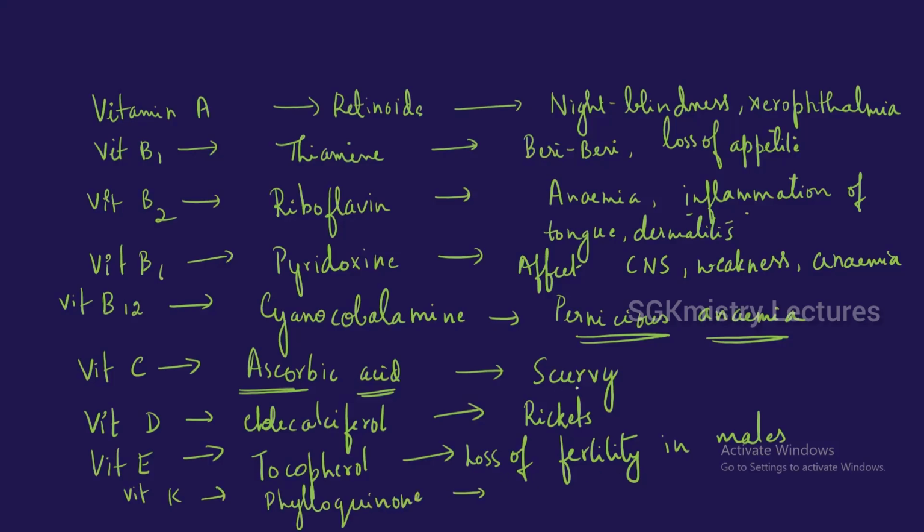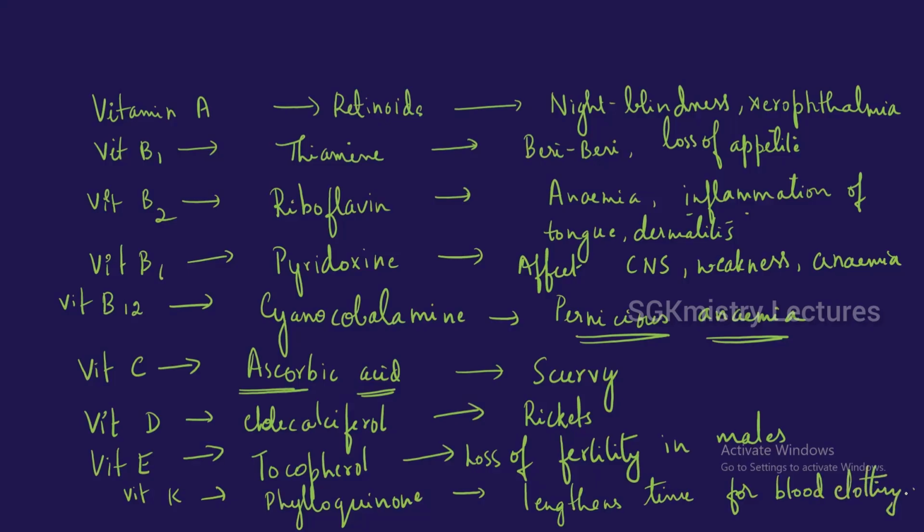And again, the deficiency of this particular vitamin can lead to hemorrhages, as well as bleeding. So the blood clotting capacity of the body will decrease. So it takes a longer time for the body to clot the blood, suppose if there is any injury. Okay. So it lengthens the time for blood clotting.